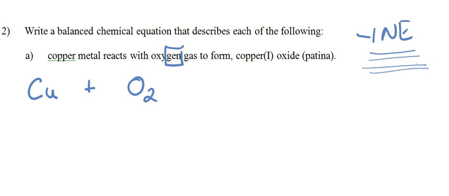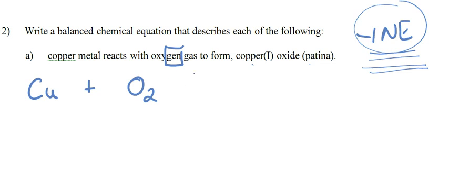Those are the 7 that are diatomic when they're by themselves or with their own kind. Now, if you have something like copper oxide, which we're about to make, there may not be a subscript. We'll see here in a second.